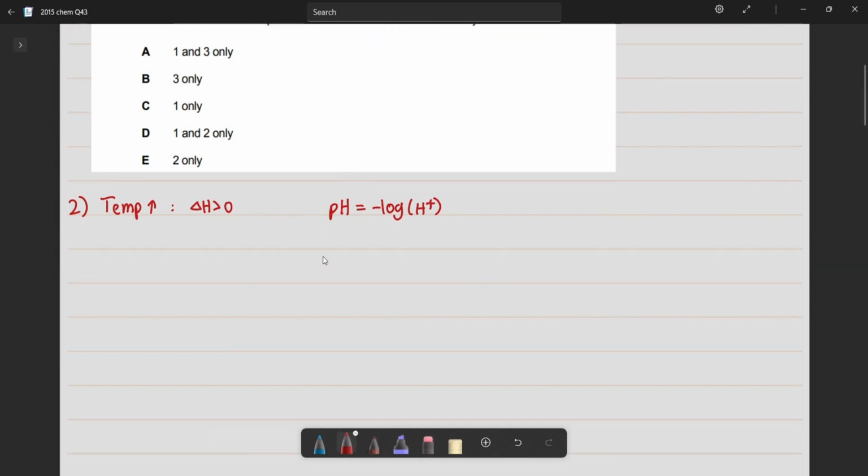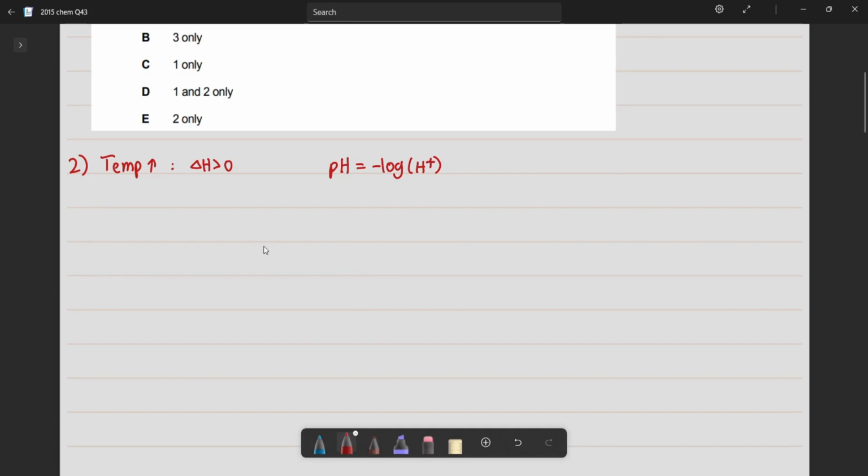Okay, so now I'm going to use some examples so that you can understand much better. For example, now at 25 degrees Celsius, this is the normal room temperature.